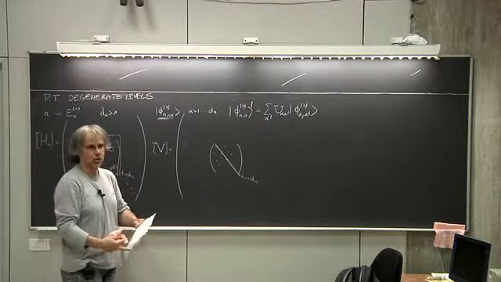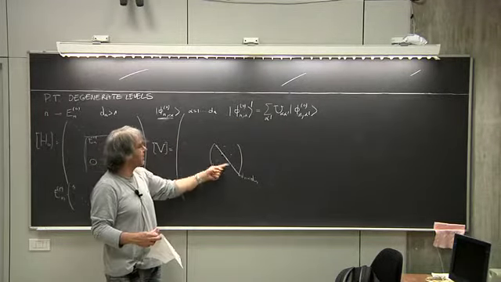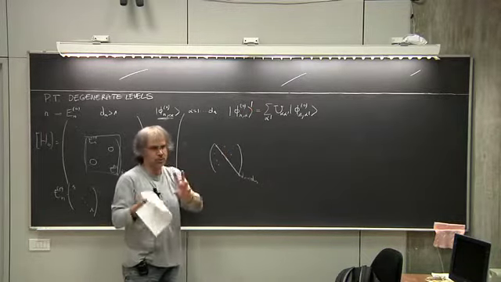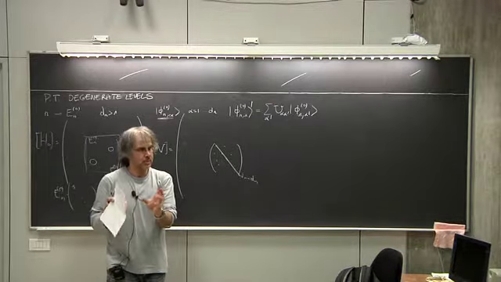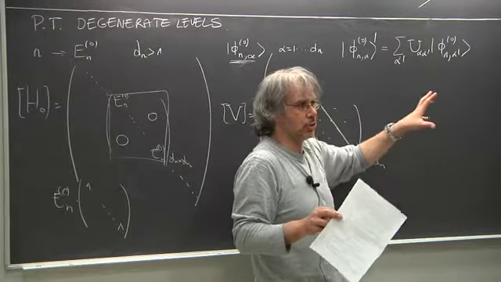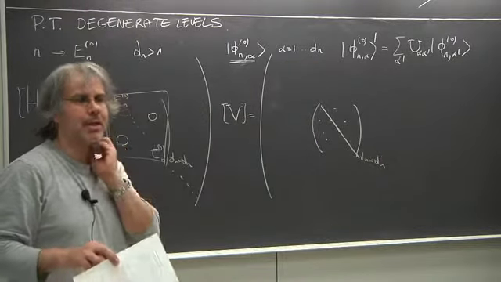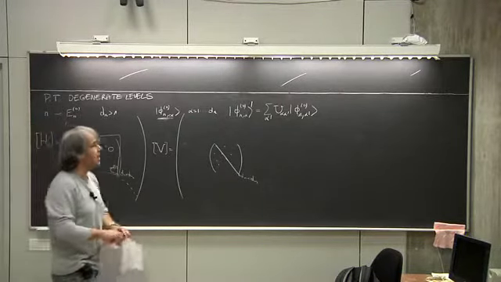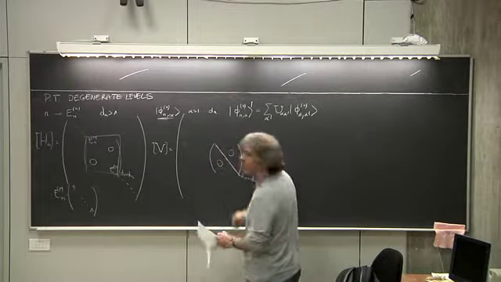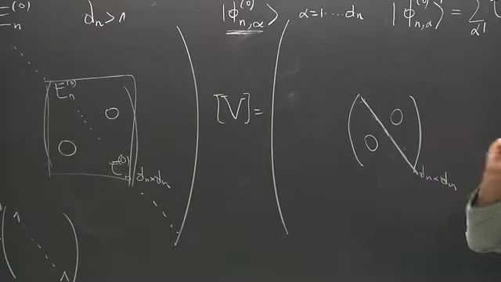V is Hermitian, so you can find a combination of the old states such that V is diagonal in this new basis. You can always do this because this is a finite dimensional matrix, and you can diagonalize it by some unitary rotation. So there is, in this big freedom, a particular choice that is particularly useful, apparently. And it's the one in which V, in this subspace, is purely diagonal. Let's see, and I will prove to you that this is indeed the best thing you can do.